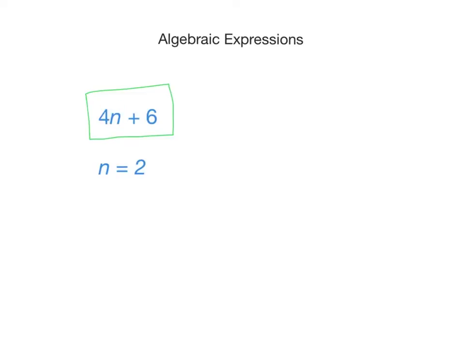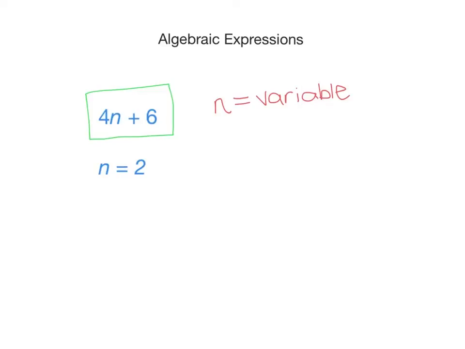Lastly, I want to go over 2 more really important concepts. So we have the 4, we have the n, and we have the 6. As we know, this n over here is called our variable. So we can write n equals our variable. The reason it's our variable is because this number can always change, and it can be any number that we want it to be.